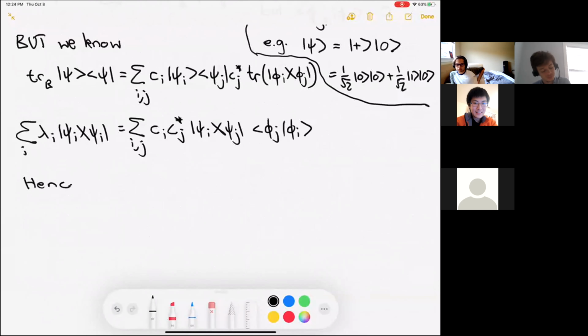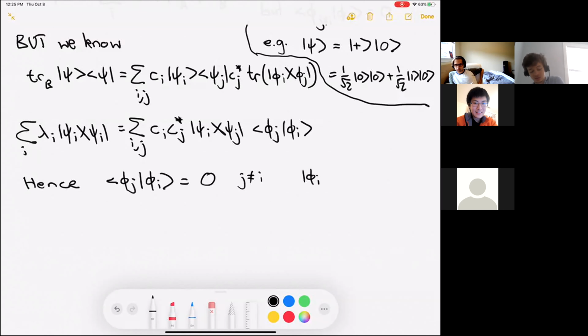Hence, comparing terms, on the left-hand side, we have no terms that look like |psi_i><psi_j| where i is not equal to j. So we find that the inner product of phi_j with phi_i is equal to 0 when i is not equal to j, just by comparing terms on the two sides.